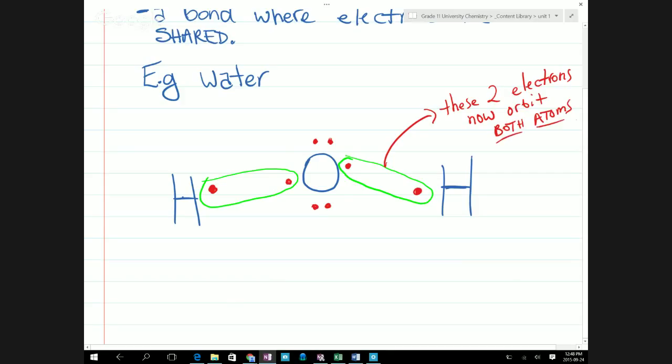These two electrons now orbit both atoms. And we call it a shared pair of electrons.